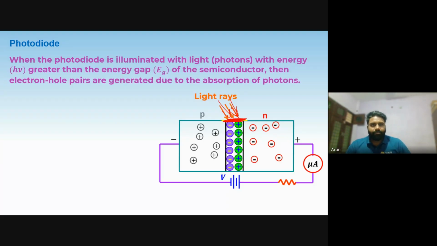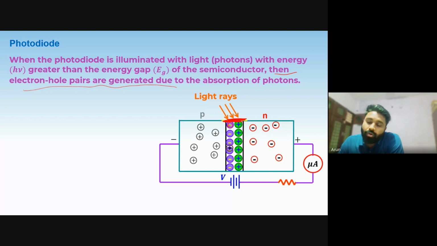Now what will happen when the photodiode is illuminated, which means the light falls on the surface of this photodiode, with photons having energy greater than the energy gap. Okay. That is how the p and n type will act as a conductor. So electron hole pairs are generated due to the absorption of photons. So as soon as the photon strikes, this will absorb the photon energy.